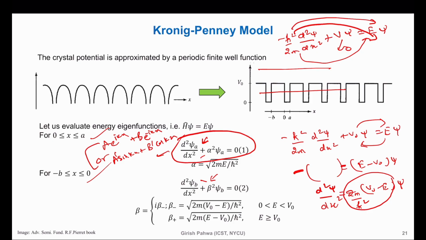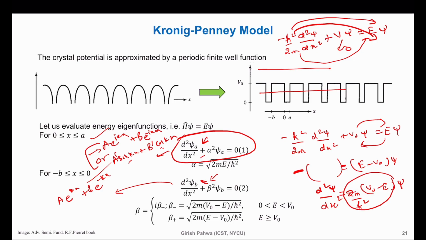Okay. If I expand sine and cos, what is sine? e to the power i kx minus e to the power minus i kx divided by 2i, right? So you can expand cos and sine, and then you will be able to get this. And for the minus sign, if you have gone through the square potential, you might have seen that it is e to the power kx plus B e to the power minus kx.